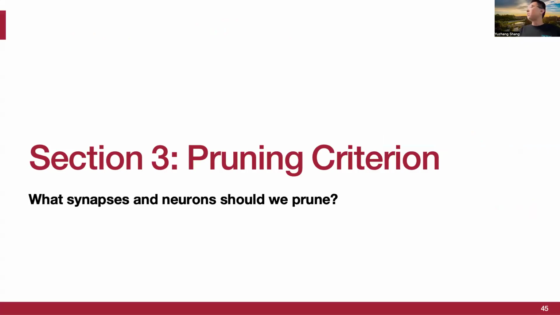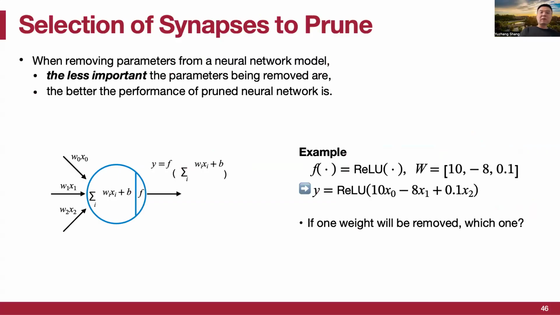Before we get into the algorithm details, let's first think about a very simple case. We have just one synapse neural network like this, with only three weights, W0, W1, W2, and only one activation function, which is a ReLU function.